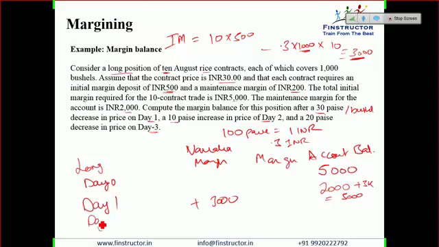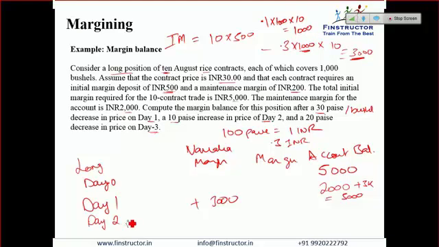At day 2, there's a 10 paise increase. So there's a 0.1 increase per bushel. So 0.1 into 1000 into 10, that is, there will be a total gain of 1,000.